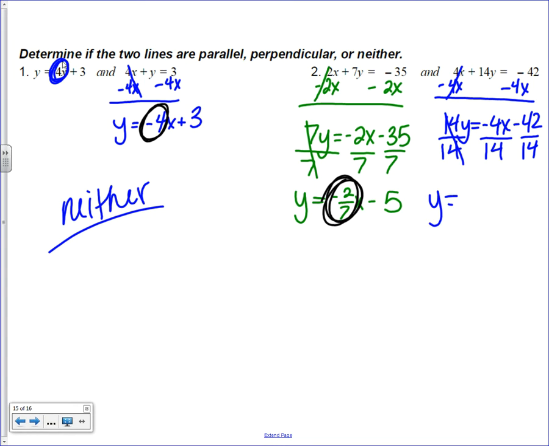So y equals, ladies and gentlemen, does 4 divide by 14? Does not divide, but it will reduce. What can I divide them both by? 2. 4 divided by 2 is 2. What's 14 divided by 2? And then, why is it complicated? What is 42 divided by 14? 3.